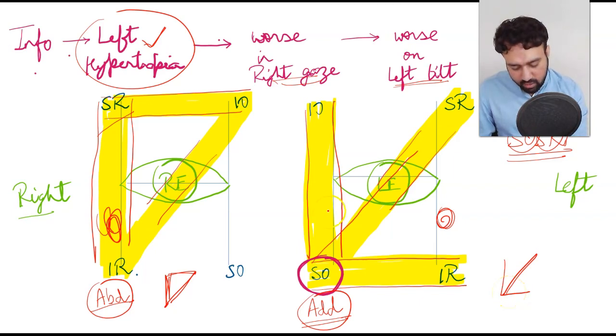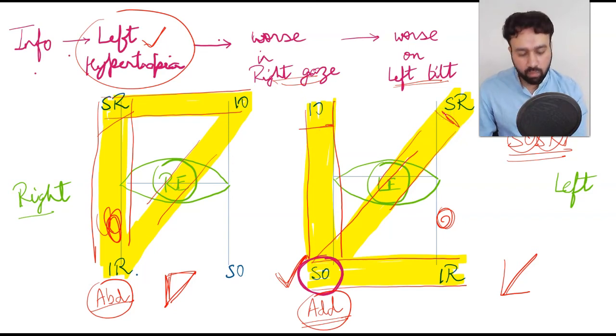So in this case, you can see that superior oblique has been highlighted thrice, whereas inferior oblique has been highlighted only once, superior rectus has been highlighted only once, inferior rectus has been highlighted only once. On the other hand, in the right eye, inferior oblique has been highlighted twice, superior rectus twice, inferior rectus twice.